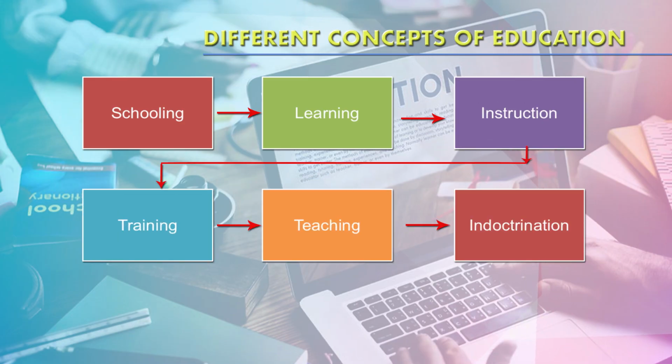Here you see, when I will say how indoctrination is different from schooling, how indoctrination is a part of our education, then how learning is different from schooling, how learning is different from training, how instruction is different from teaching, or whether both the concepts instruction and teaching are same.